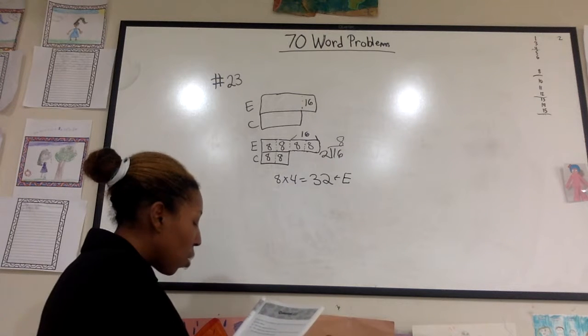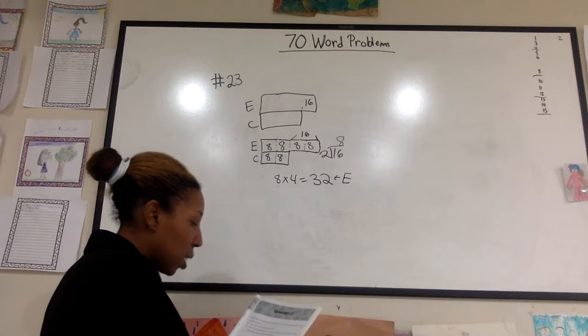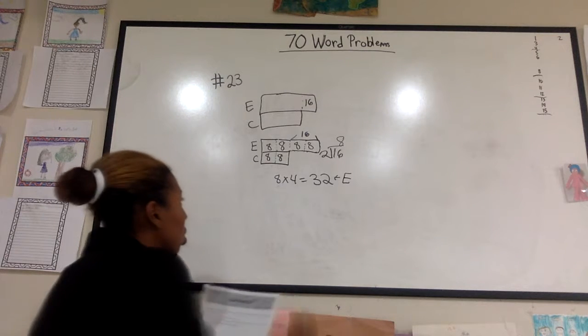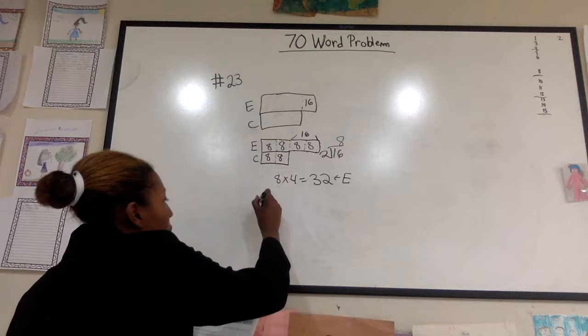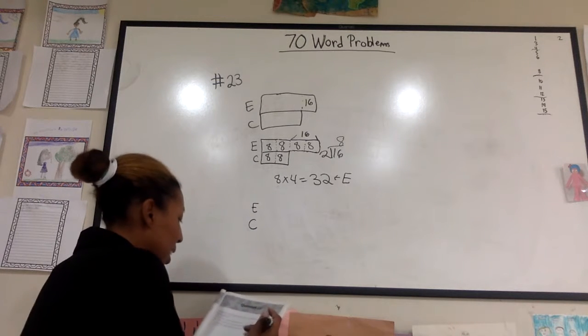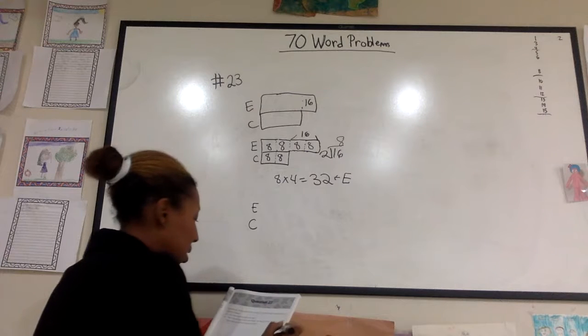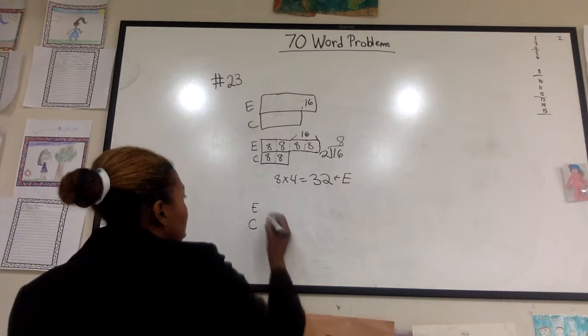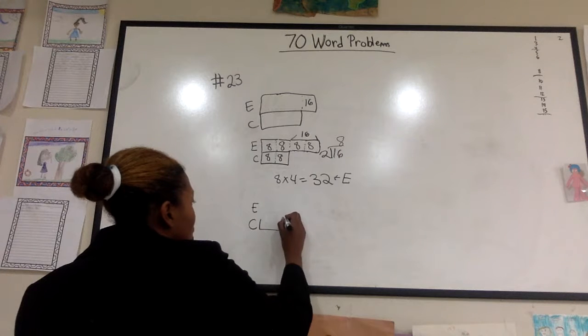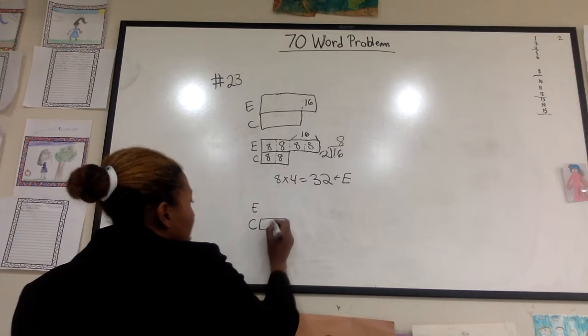Then, after Eduardo gave away some stamps, he had 3/8 as many stamps as Carson. So now we're going to draw it again. We have Eduardo and Carson. He gave some away. He has 3/8 as many. So I need to make all these into 8s. So here's Carson. I'm going to break it into 8s.